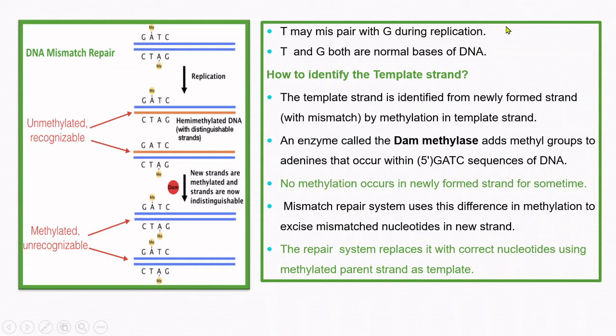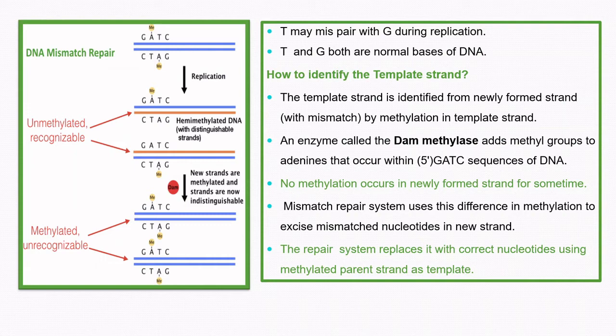Now, the interesting part over here is that though it is a mismatch, both the bases are normal bases of DNA. So for an enzyme that is sensing a mismatch, it is very confusing which base to remove, as both the bases are normal to DNA.